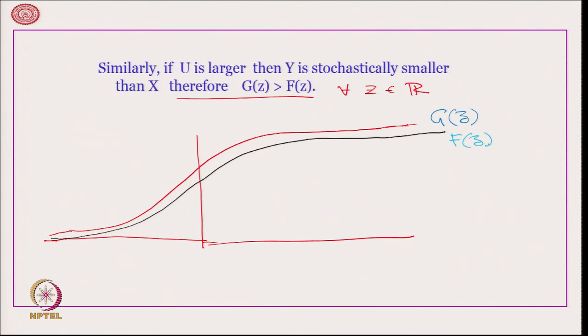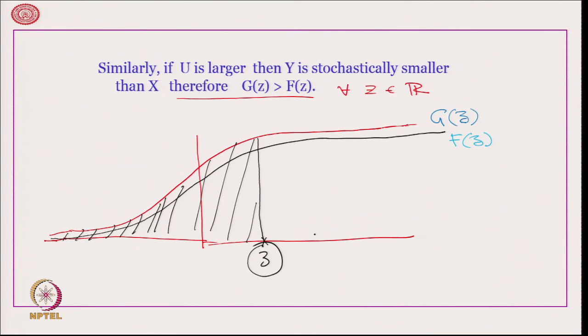Therefore, what we can say? We can say that given any particular value of z, say this one, g z is greater than f z. Therefore, the proportion of y values is bigger than the proportion of x values which are less than or equal to z.